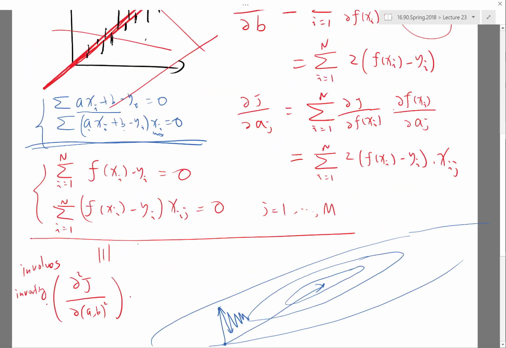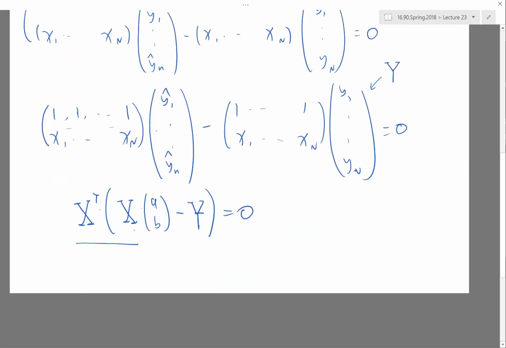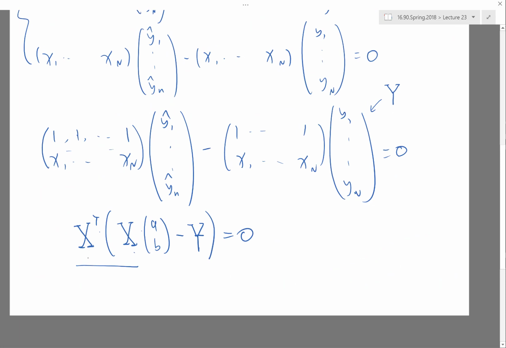For example, if you look at this equation, what is the coefficient on a? It's actually a summation over i of x_i times x_i, right? Which is actually the 2-2 entry of this X transpose times X. So the formula, of course, turns out to be exactly the same.